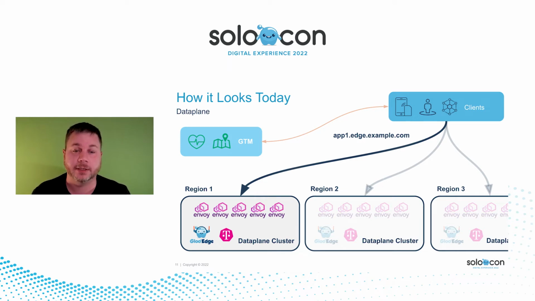Now, each data plane cluster in and of itself is a multi-node, highly available Kubernetes cluster where we're running Glue Edge and some other components to handle security, observability, and things of that nature. Now, one of the reasons that we built the data plane this way is so that we'd have multiple dimensions of scalability.